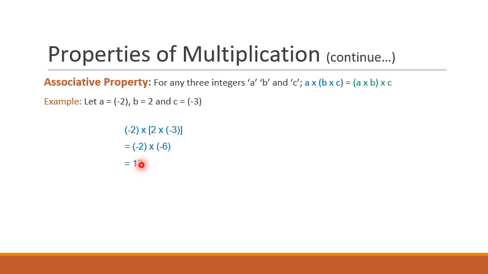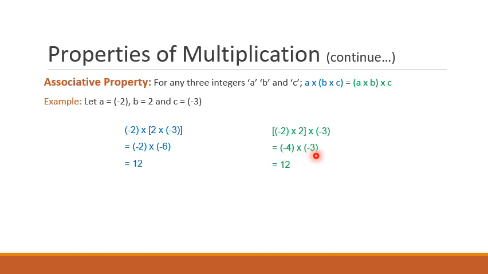Now let's see the right hand side. Here I am grouping a and b together and then multiplying it to c. So here -2 multiplied by 2 in bracket, then multiplied to -3. First we will multiply these two integers which are in the bracket. So -2 multiplied by +2. Negative, positive, the answer is negative. It is -4. -4 multiplied by -3.